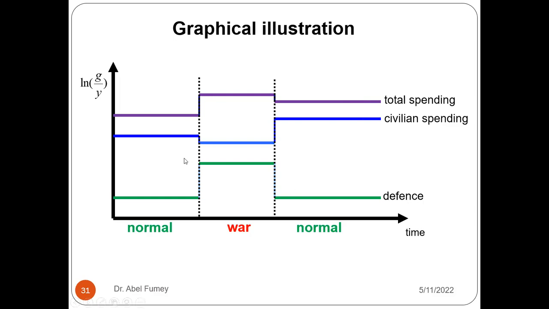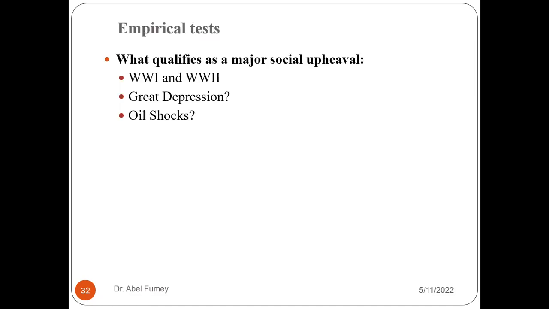So you see the step-like thing that the model was talking about. Whenever we have an upheaval, we see government spending moving up, and then civilian spending will have to fall because they have to pay higher taxes than before to finance the government spending.